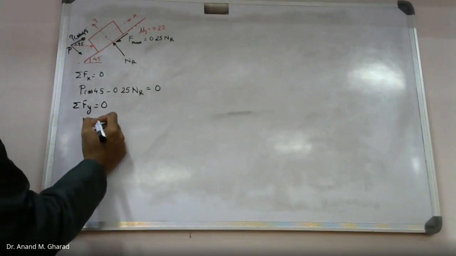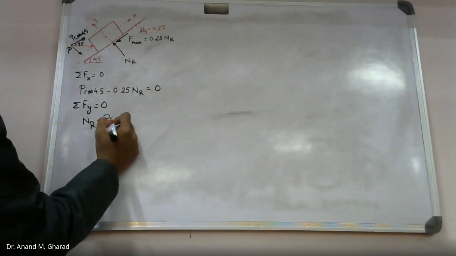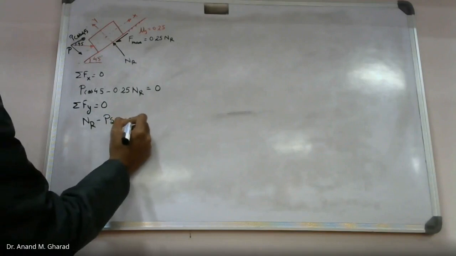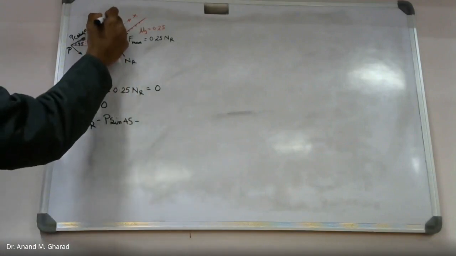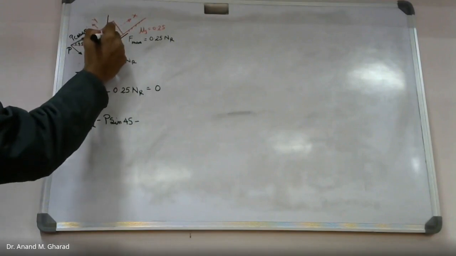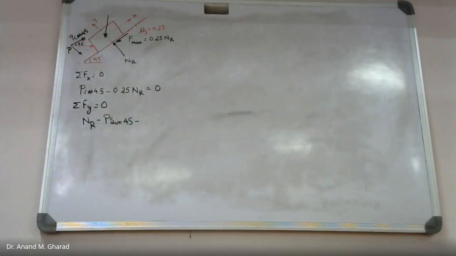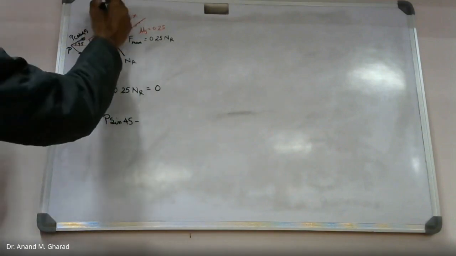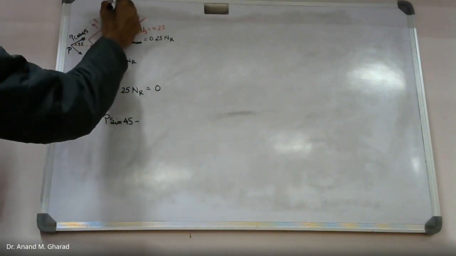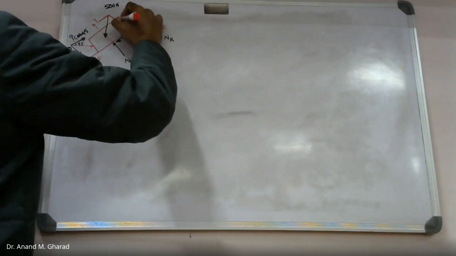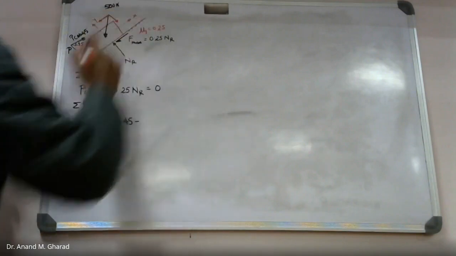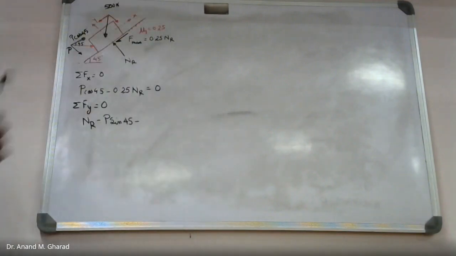NR minus P sine 45 minus, okay, now the self weight is also acting like this. What is the self weight given? It is 500 Newton. So you can resolve this again. And what do you observe?